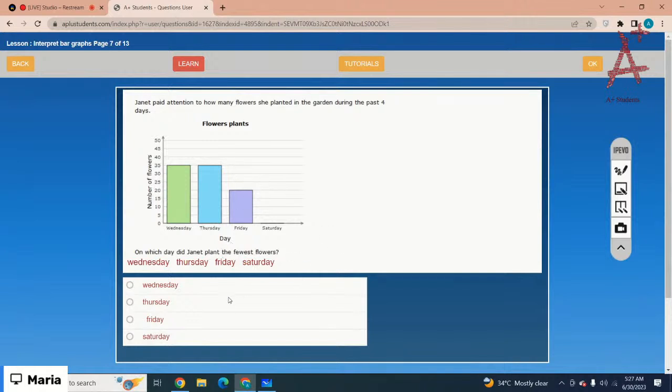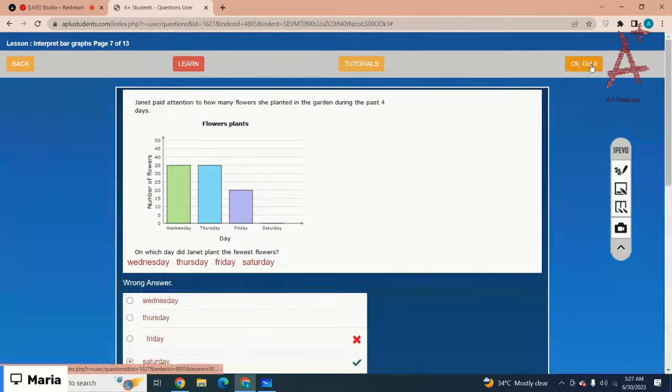So, on Friday, Janet has the fewest flowers. The correct option is Friday. Fewest flowers, not plants. Oh, that would be Friday. Sorry, I selected the wrong option.